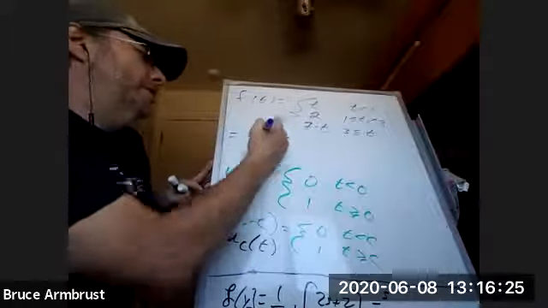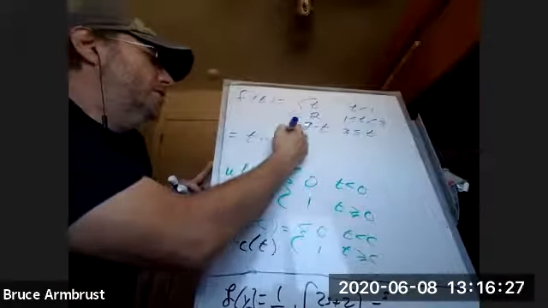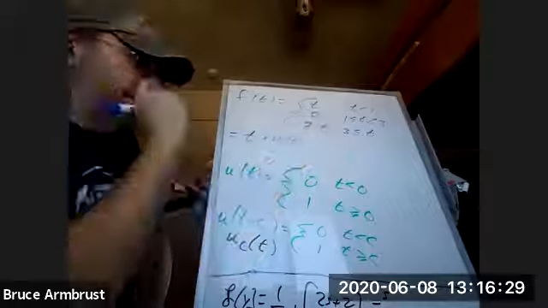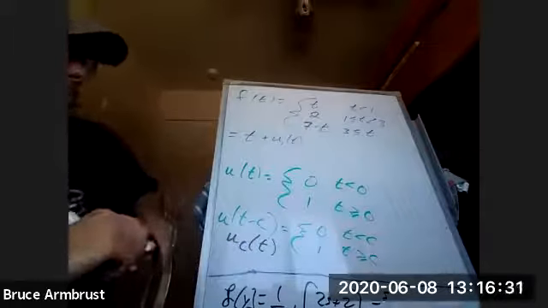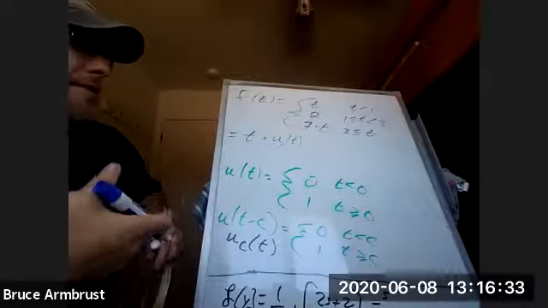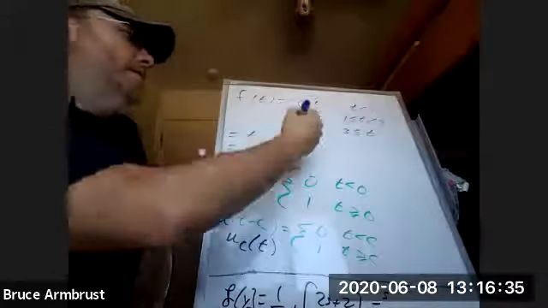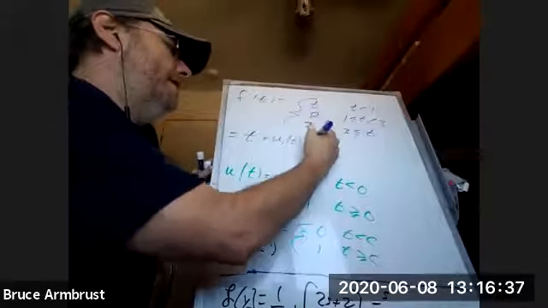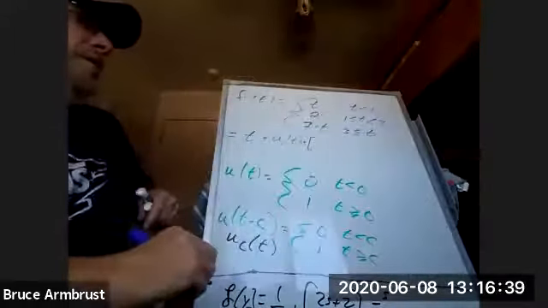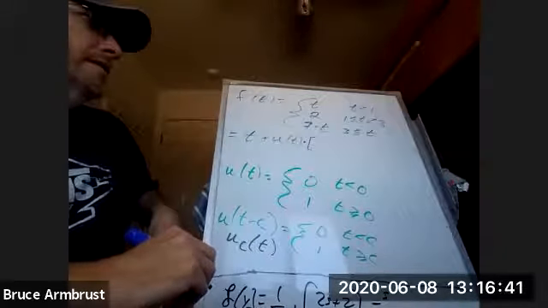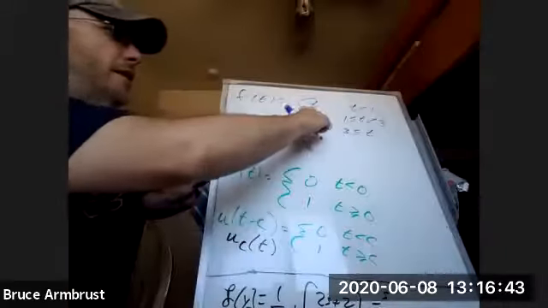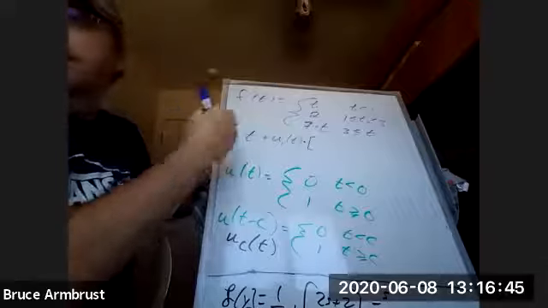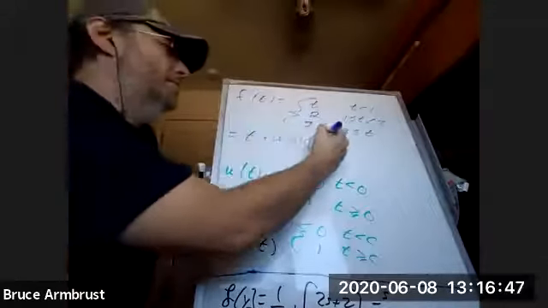So I'm going to put a plus u sub 1. We're going to turn on something at 1. What we're going to multiply by then is what we turn on. So we need to turn on 2, because at this point now we're at 2. So we're going to put a 2.